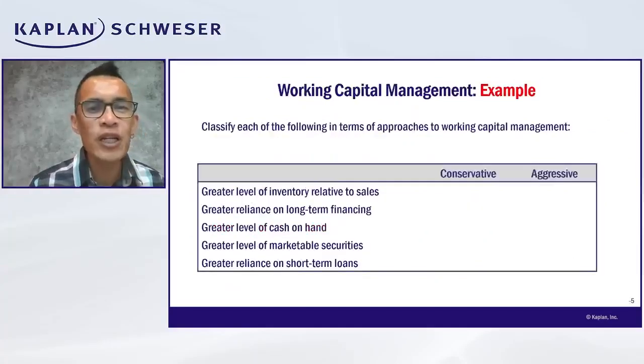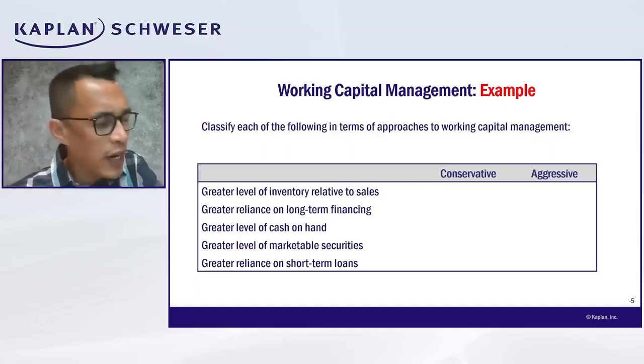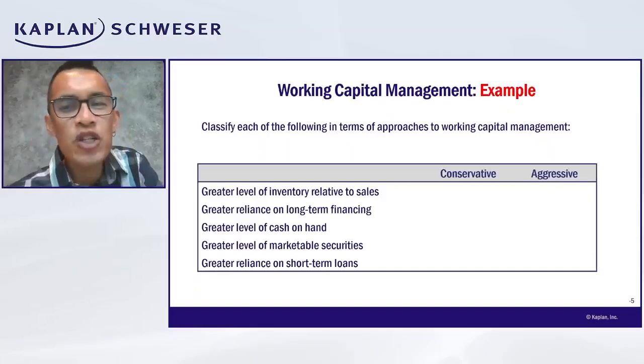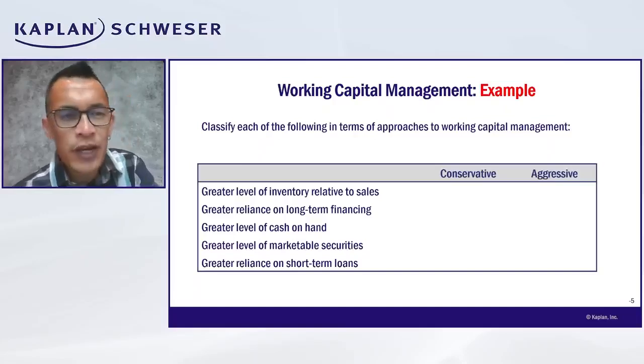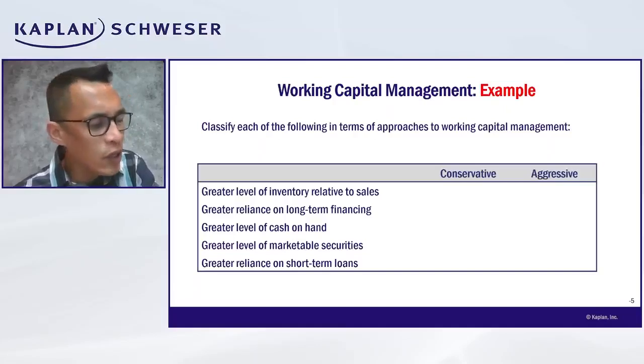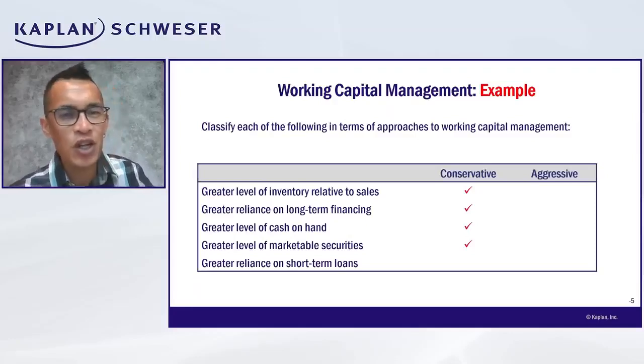Now, let's do a little application exercise. It's a very simple exercise in distinguishing between the 2 more extreme working capital management approaches, conservative versus aggressive. Okay, so if you look at this, I think the first 4 items, it is quite clear that they relate to the conservative approach, with the maximization of working capital balances here with the first, third, and fourth items.